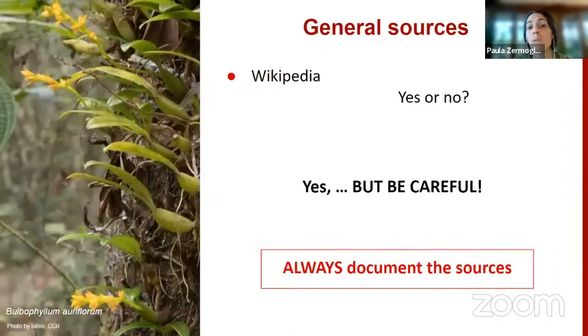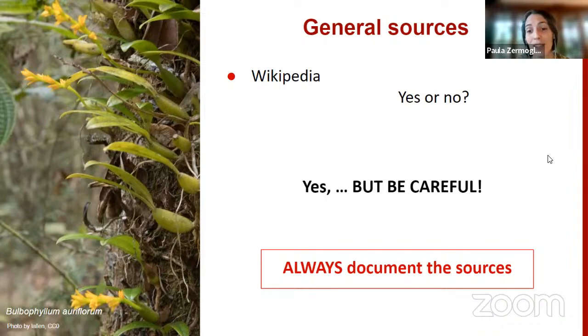So what's the answer to, do we use Wikipedia? Well, the answer is yes, it is useful because it allows us to see a lot of these things, but we have to be hyper careful, because the information that we can find can be very different depending on which page we are looking at within Wikipedia, which language we're using in Wikipedia, etc. So be very careful and don't trust the information.